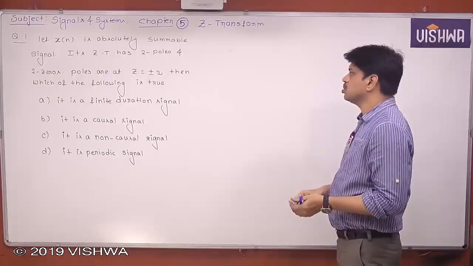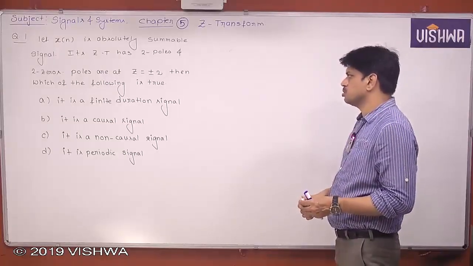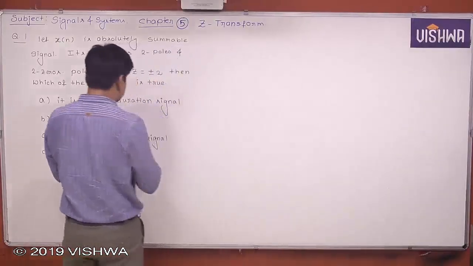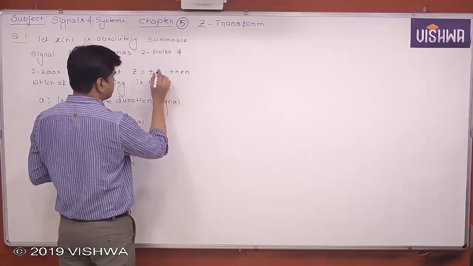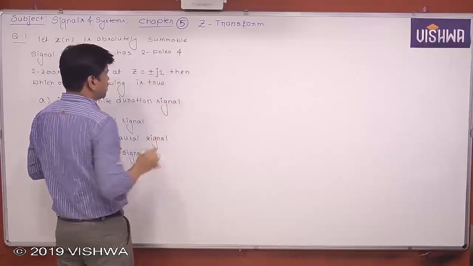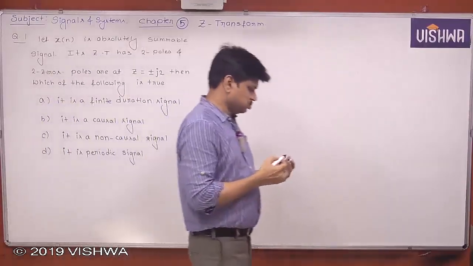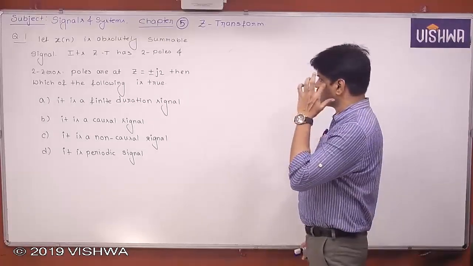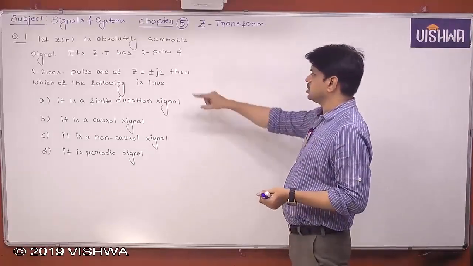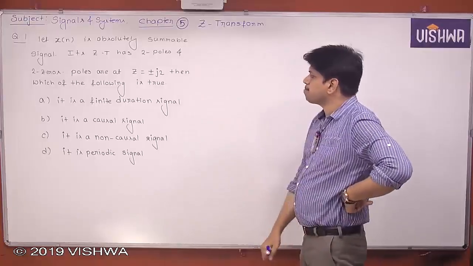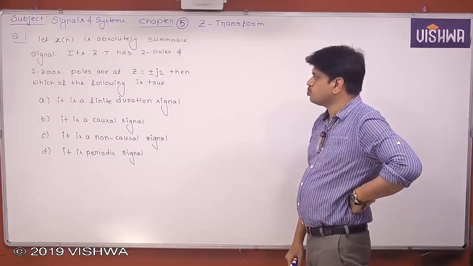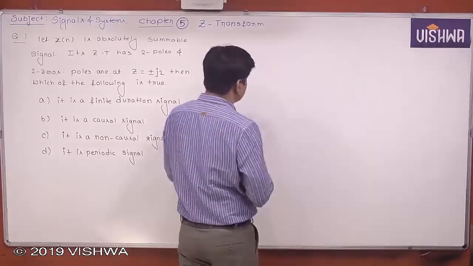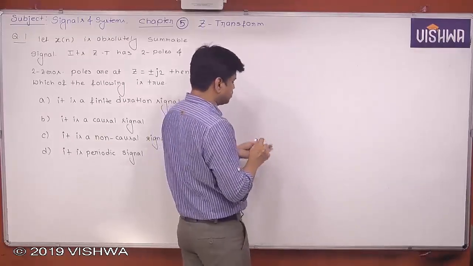So poles and zeros: two poles, two zeros, and those two poles are given. Sorry, this is not plus or minus 2, it is plus or minus j2. Please make a change. Then which of the following is true? Okay. First of all, let's see where the poles are located.